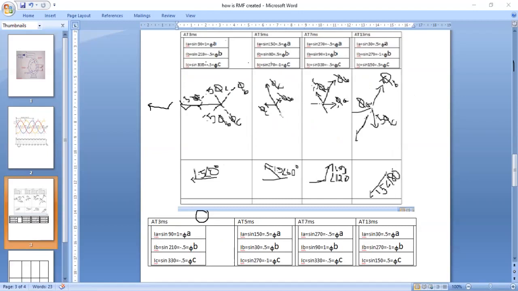Originally it would have been in this direction, but here we have to find the minus 0.5, so it would be extrapolated in the negative direction, and its magnitude is just 0.5. So the phase A vector is bigger than the phase B vector, because its magnitude is 1 and the other is 0.5.